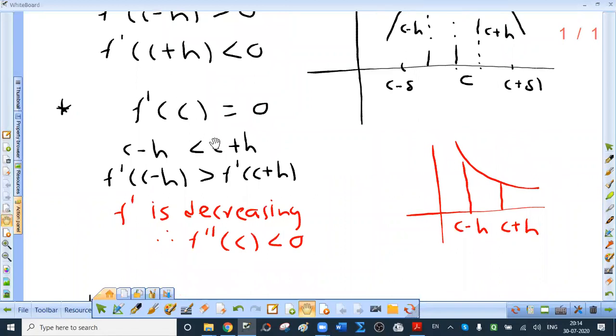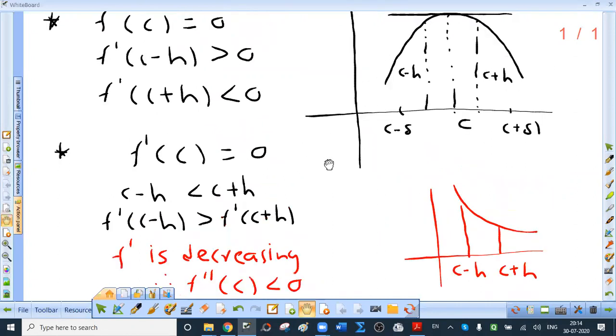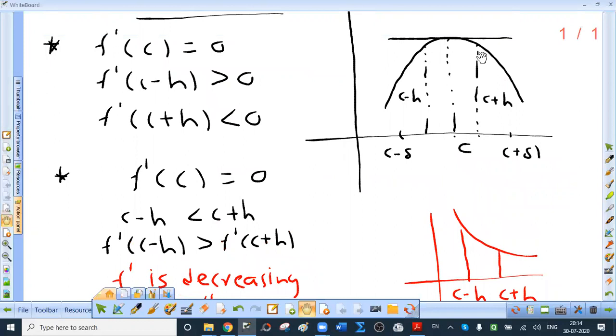Now the second derivative test can be applied very easily. I'll explain. It can be seen that c minus h is what? Less than c plus h, because this much is c minus h and this much is c plus h. Now consider the function f dash. f dash of c minus h is positive and f dash of c plus h is negative.